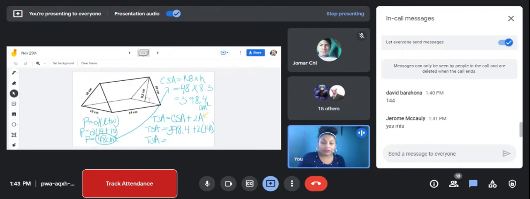The total surface area is the curved surface area, which is what we found at the top, 398.4, plus 2 times the area of the base. The base is a rectangle, and the area of a rectangle is length times width. So that is 14 times 10, and that gives me 140 centimeters squared.